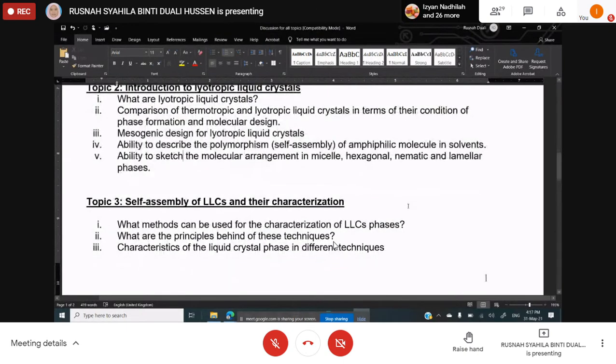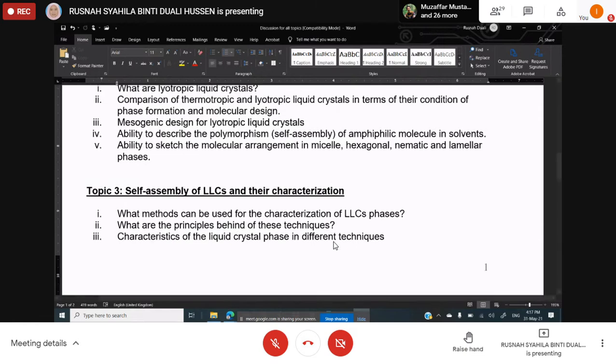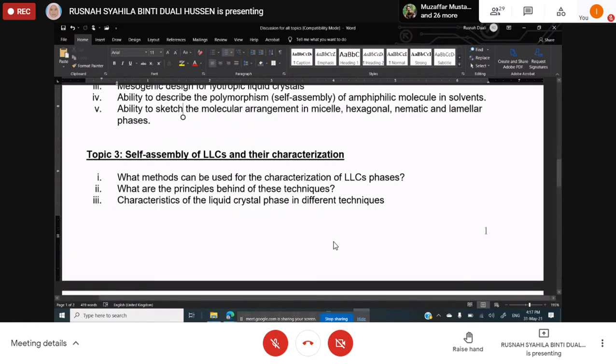And oh no, I want to add one more point. The polymorphism, the self-assembly, must occur in sequence. For example, the discontinuous cubic phase must come first before the hexagonal. It's not the other way around. So as I said, it must be in sequence.